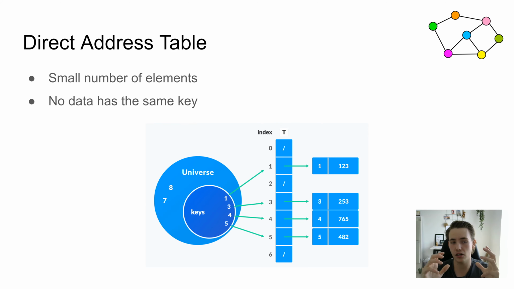But if we get a lot of elements, or really large numbers for our index, then it takes up too much memory, and we can't really use the direct address table with larger arrays. In direct address tables, no data can have the same key value. So one key corresponds to one piece of data in memory, whereas in hash tables we can have a key that is pointing to multiple data elements in our list or array.